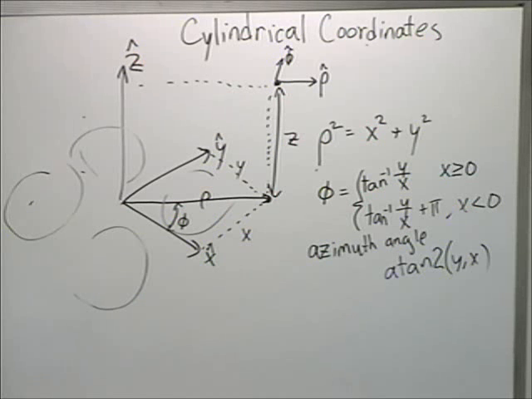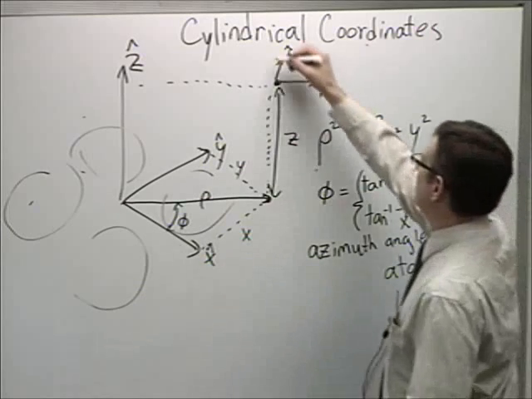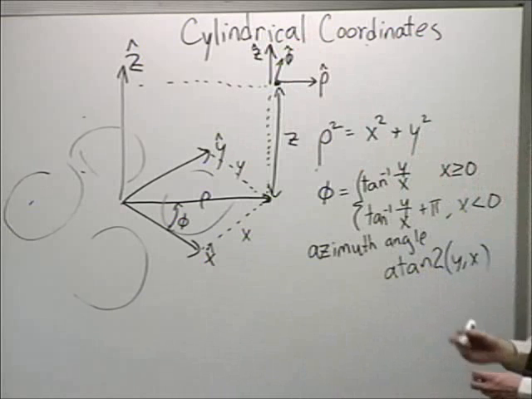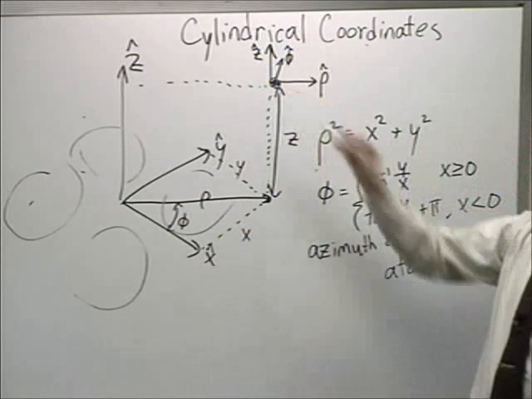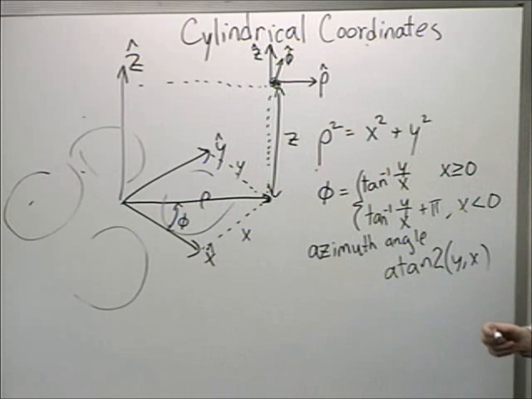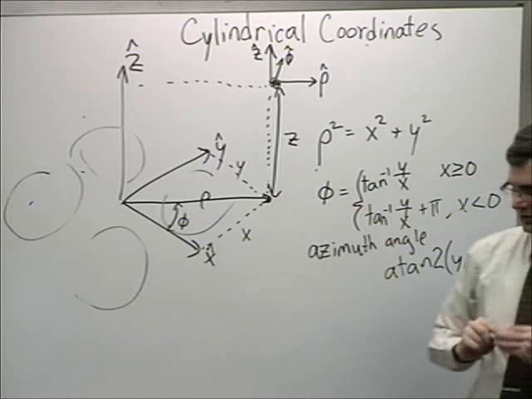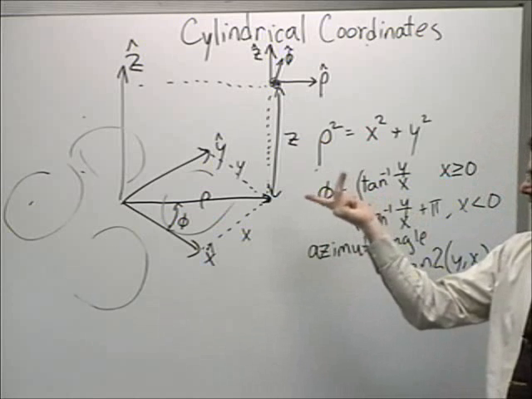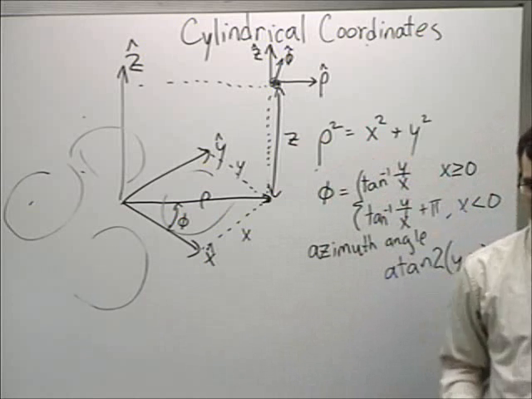So rho hat points in increasing rho, phi hat points in increasing phi, and z hat points in increasing z, up here like this. And they are all, of course, mutually orthogonal to one another. In fact, rho hat crossed into phi hat should be equal to z hat by the right-hand rule.